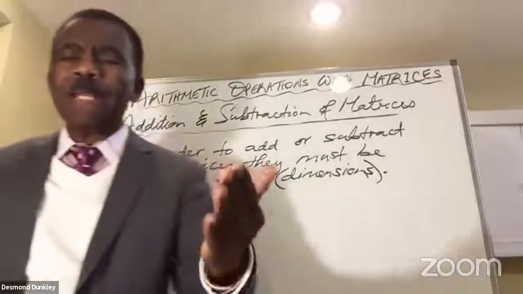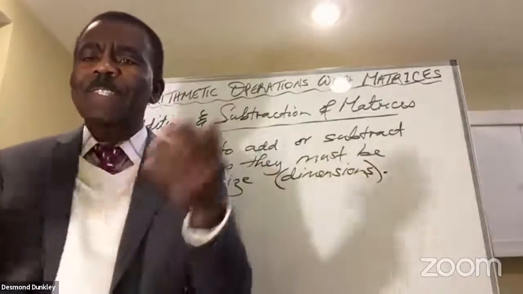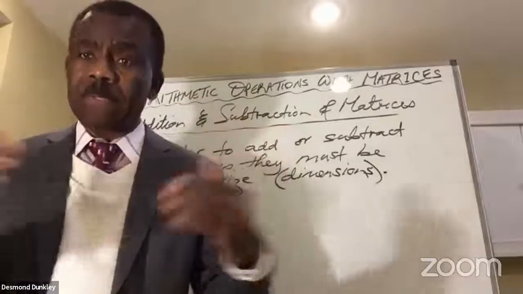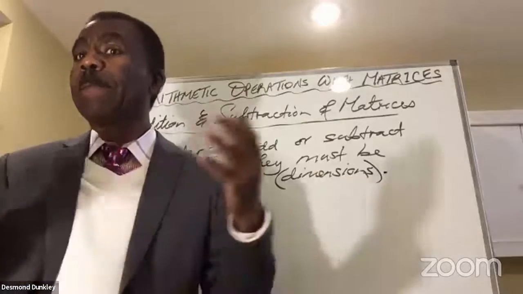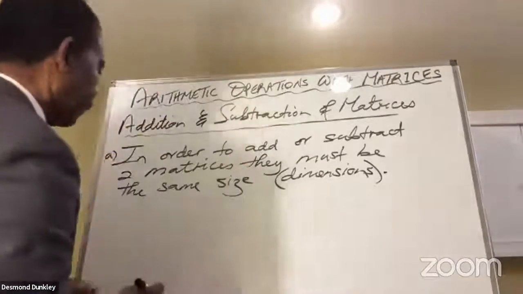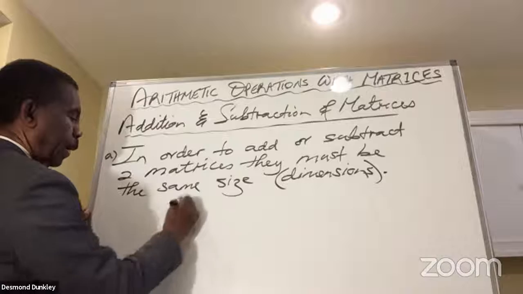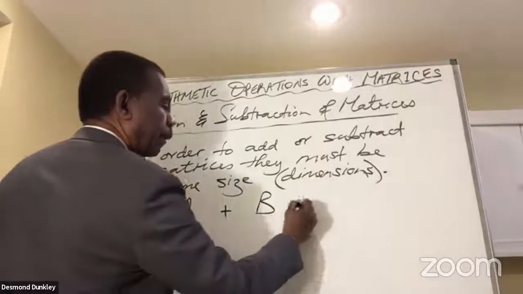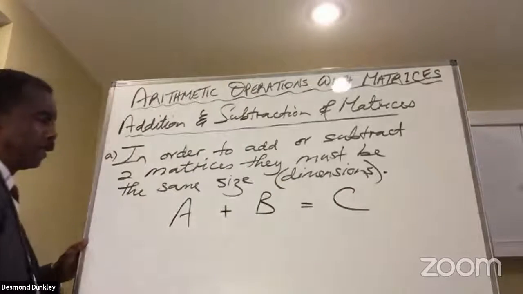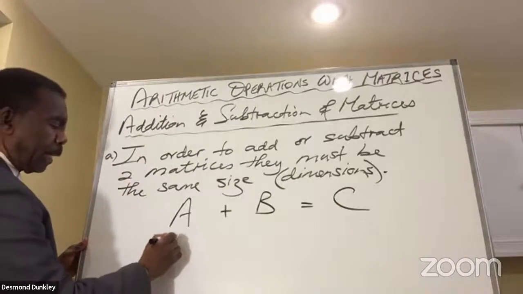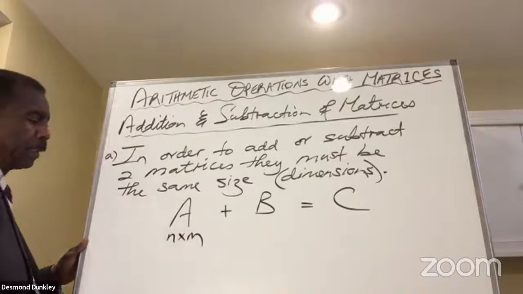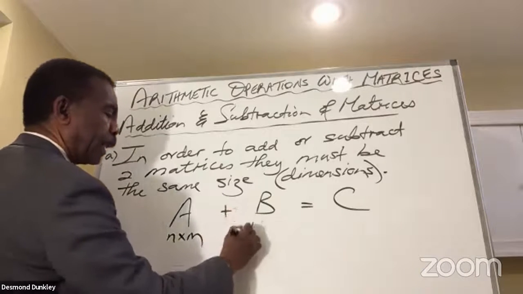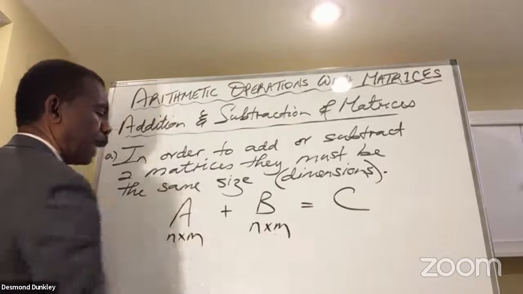In order for you to add two matrices or subtract two matrices, they must have the same size. They must have the same dimensions. For example, if you have matrix A plus matrix B equal to matrix C, if this is an n by m matrix, in order for you to be able to add them, this has also to be an n by m.